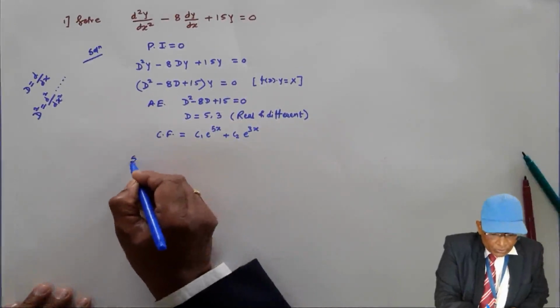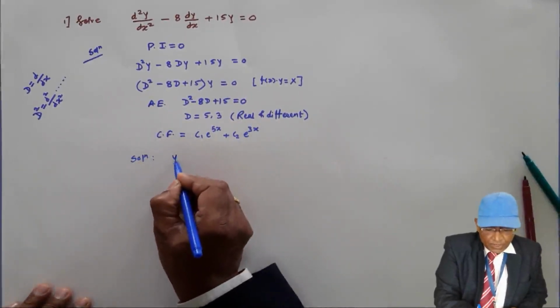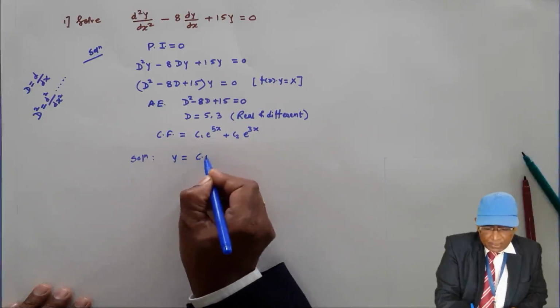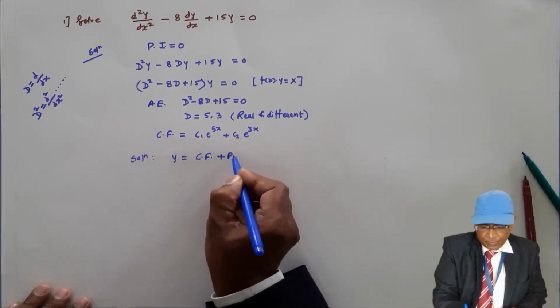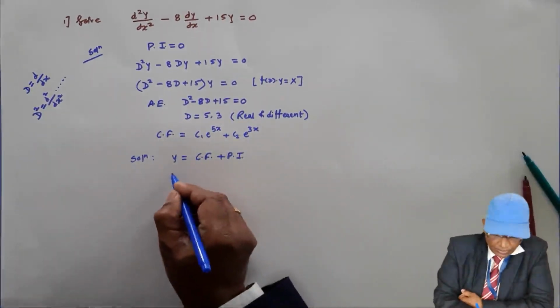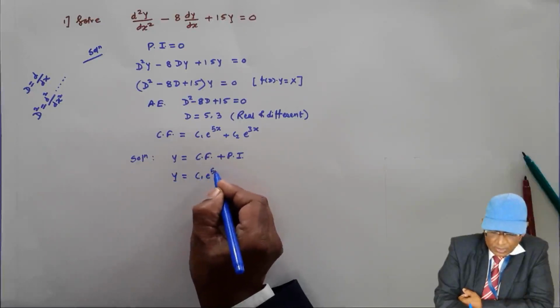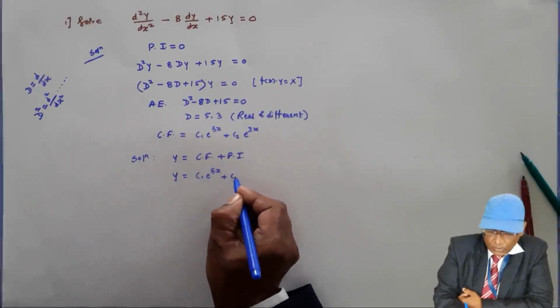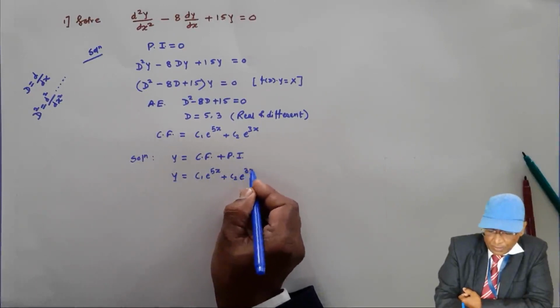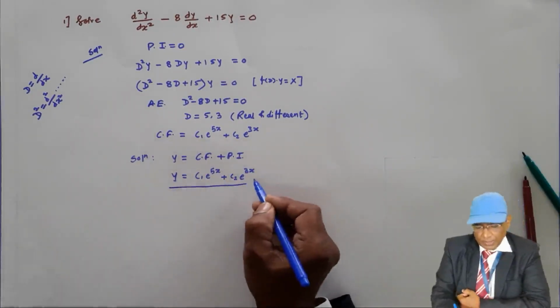So what is the solution to the given differential equation? The solution is y equals complementary function plus particular integral. Here the complementary function is C1 e to the power 5x plus C2 e to the power 3x, plus particular integral 0.